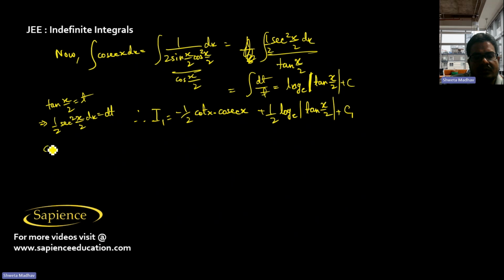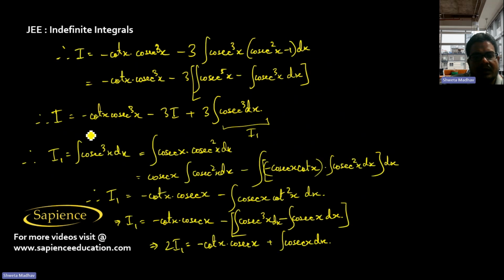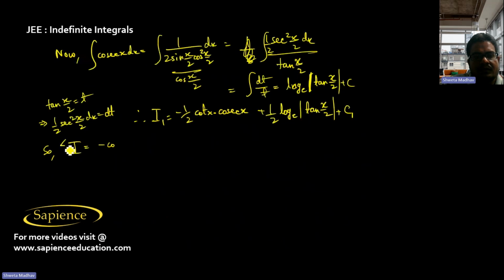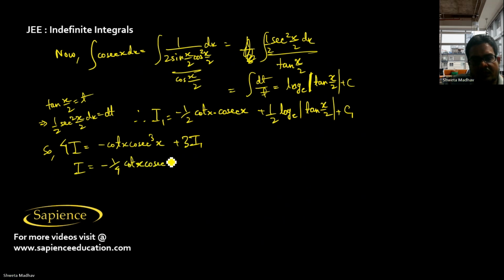So I can say 4I is minus cot x into cosec cube x, plus 3I1. Therefore I equals minus 1 by 4 cot x into cosec cube x, plus 3 by 4 times I1.